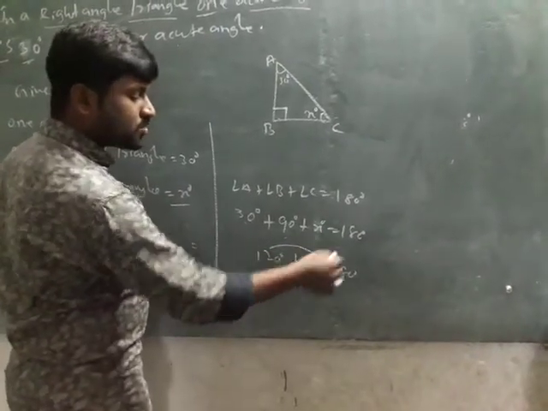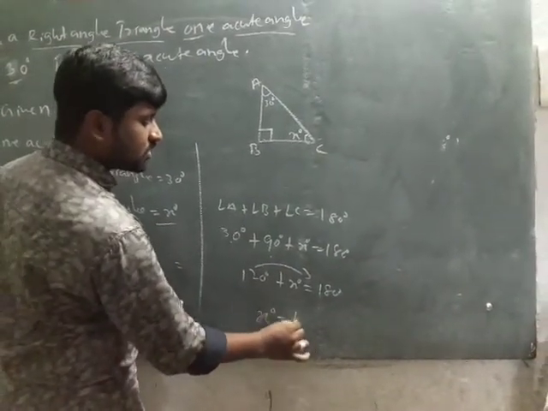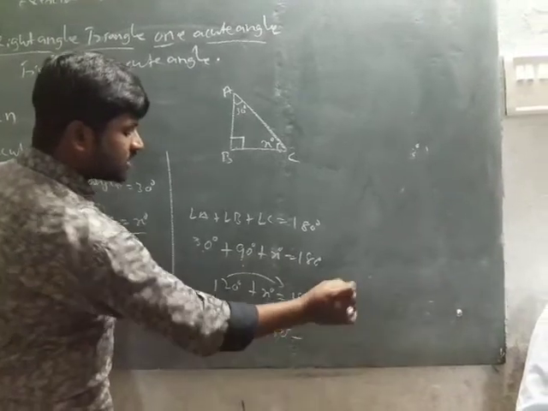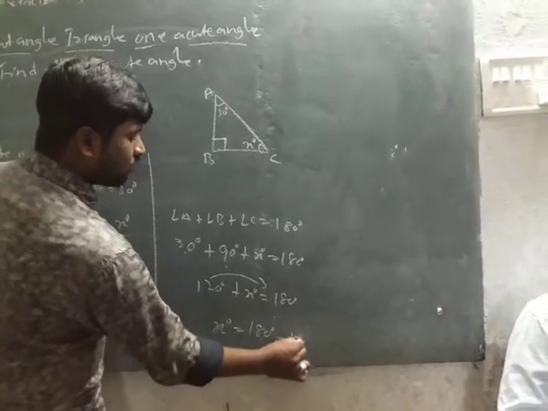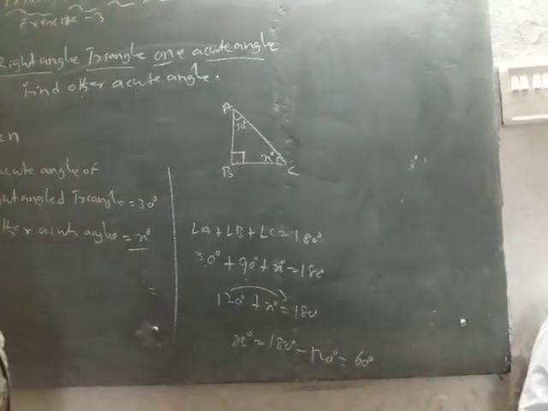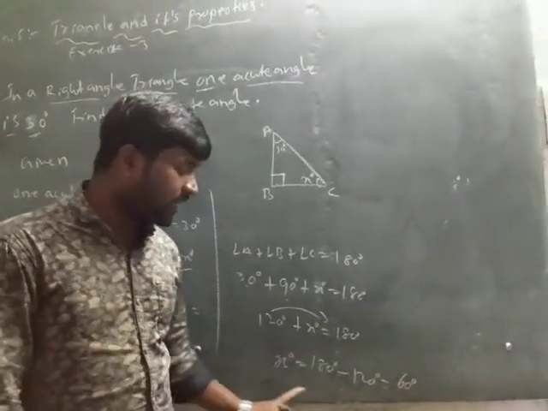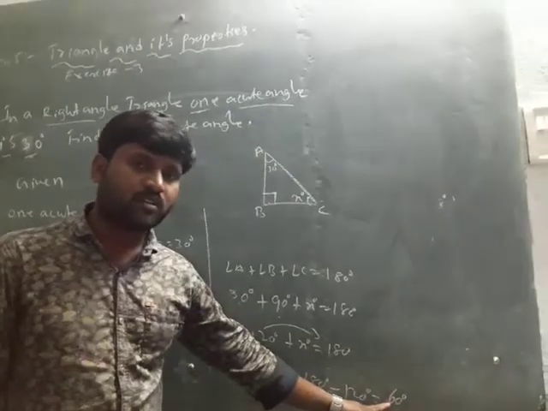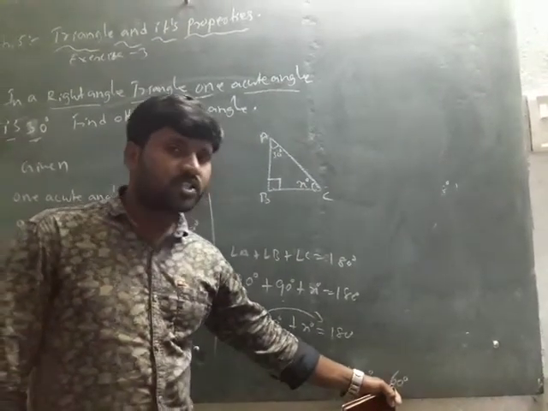Transposing 120 degrees, x degrees is equal to 180 degrees minus 120 degrees, that is 60 degrees. So the other acute angle is 60 degrees.